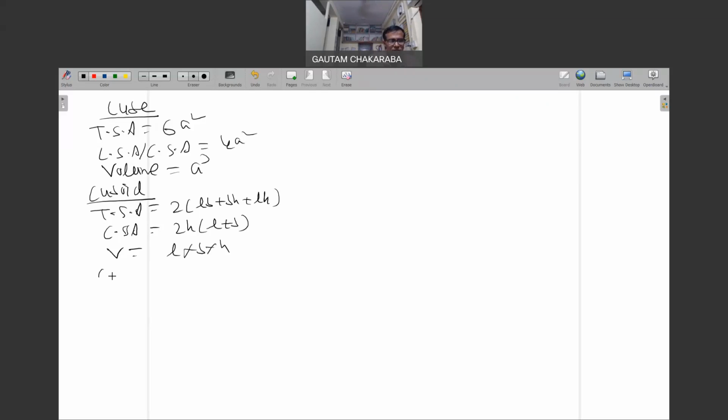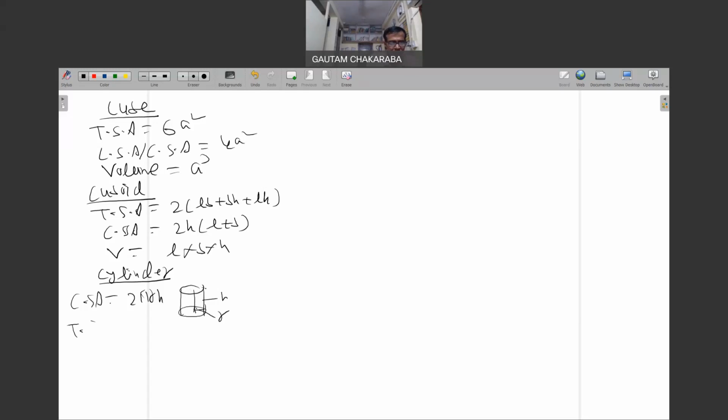And next, cylinder. This is the height and this is the radius. Curved surface area, CSA, is 2 pi RH, only for the curve, not including the base.